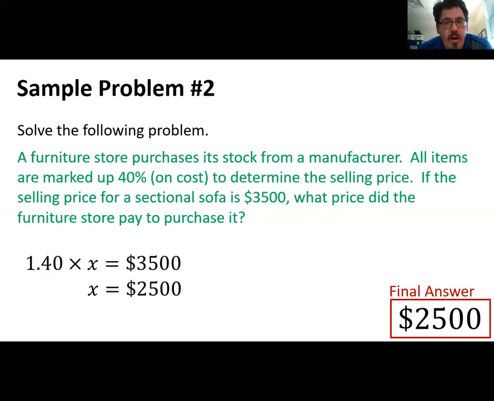Okay. Now, if you want to check your answer on a problem like this, especially working backwards can be tricky. So going back and checking your answer to make sure it makes sense can be a good plan of attack.